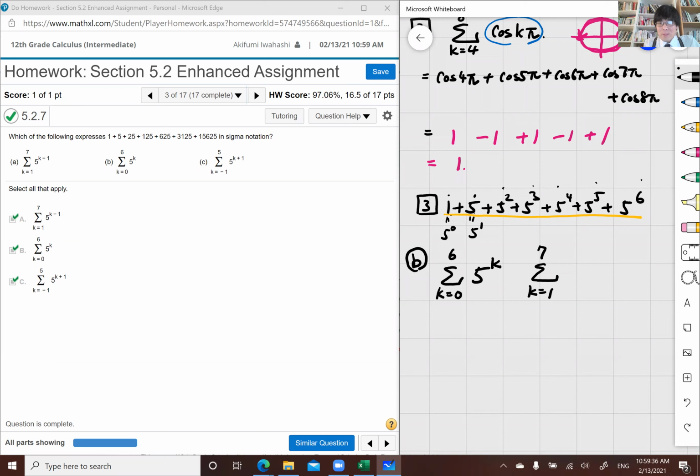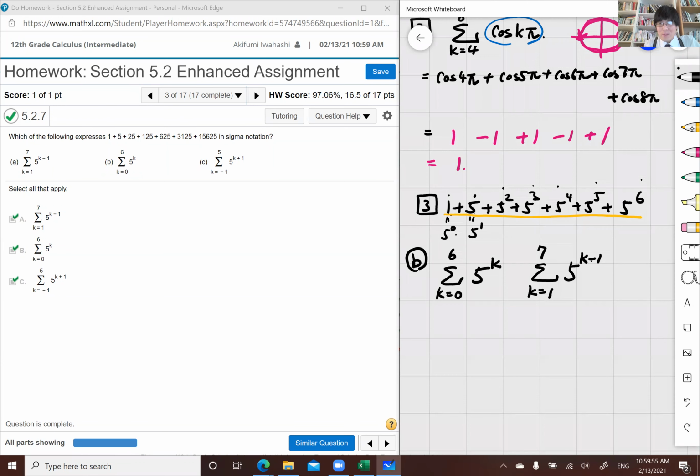And for the first term, it's 5 raised to the power of 0. Second term is 5 raised to the power of 1, and so on. So you can rewrite this one as 5 to the power of k minus 1. So you subtract 1. So when k is equal to 1, it's 0.